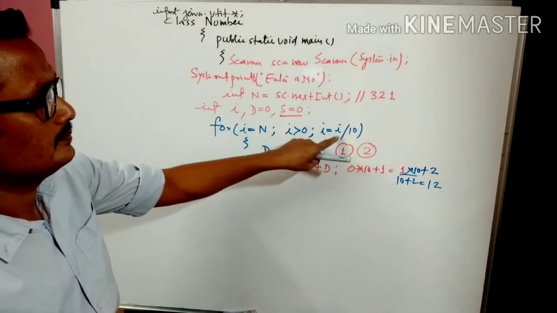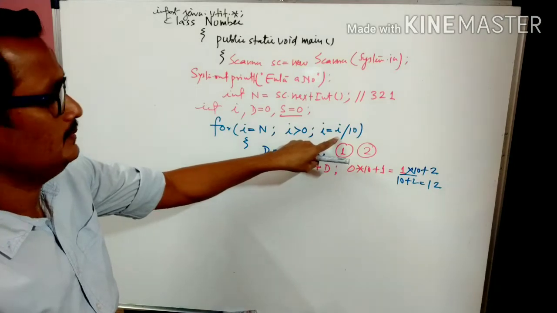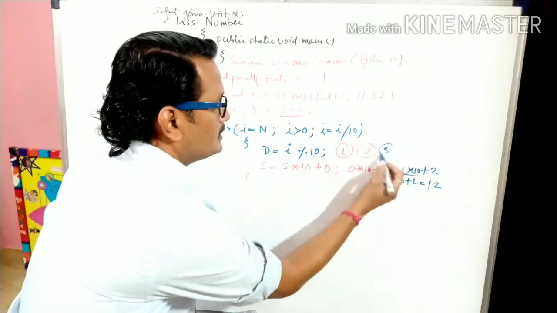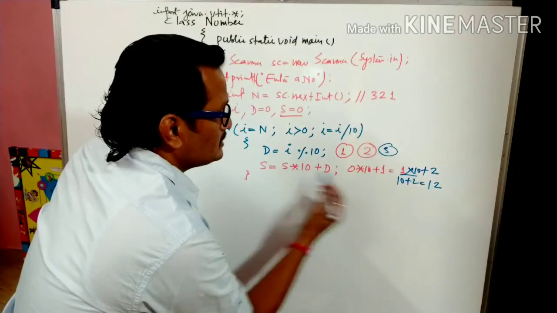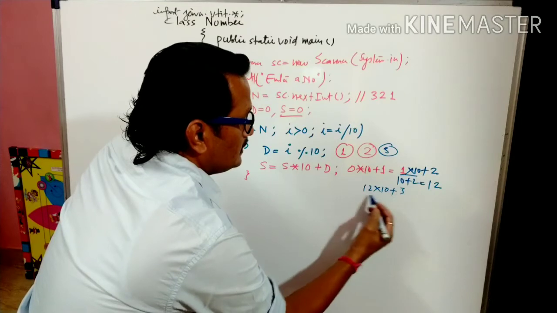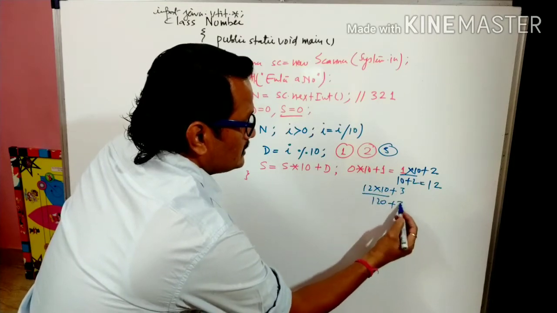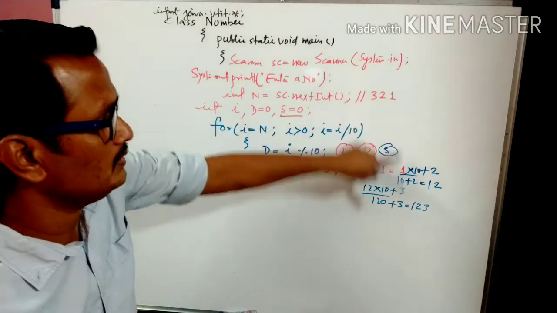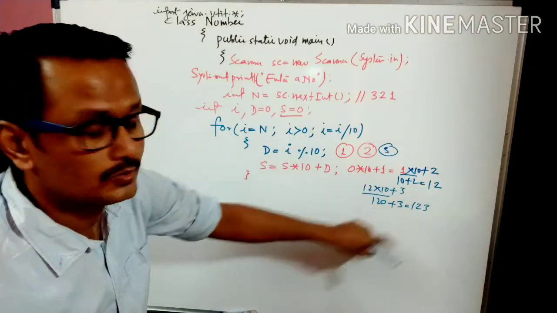Divided by 10, we will get here 3. Condition true. 3 modulus 10, single digit, this is 3. S equal to, what is the last value of s? 12. 12 into 10 plus 3, so here 120 plus 3, that is 123. So the original number is 321, but after reversing the number is 123.